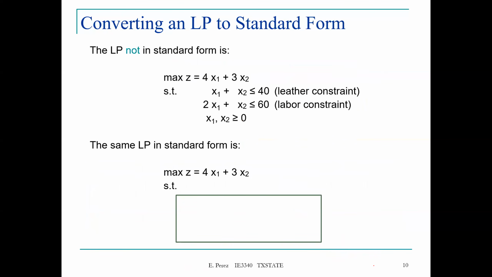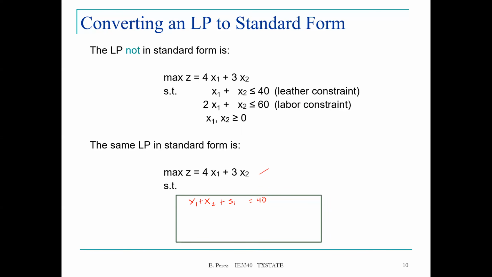So this LP is not in standard form. The same LP in standard form can be written as follows. The objective function is not going to change, but the constraints are going to become equalities now. So we're going to add a slack variable for the first constraint: x1 plus x2 plus the slack variable s1 is going to be equal to 40.